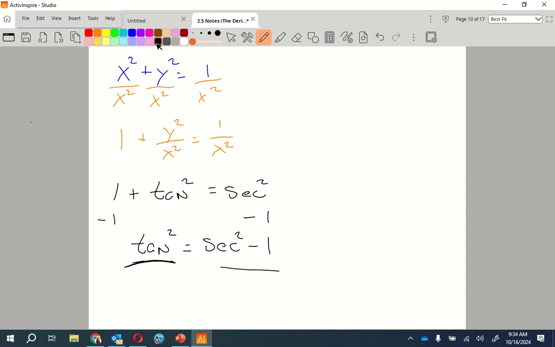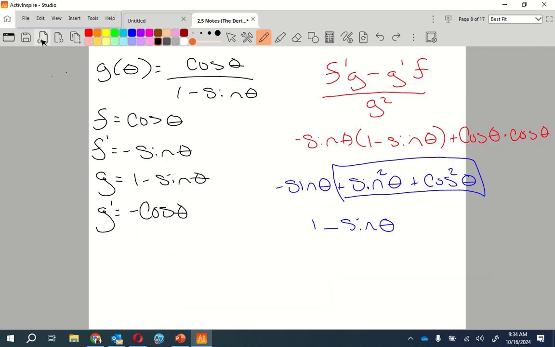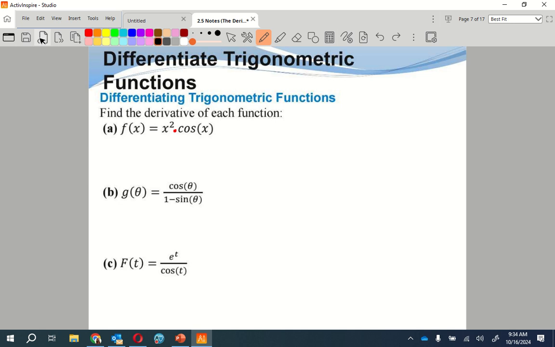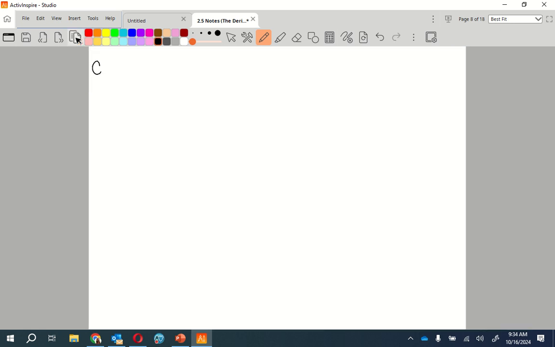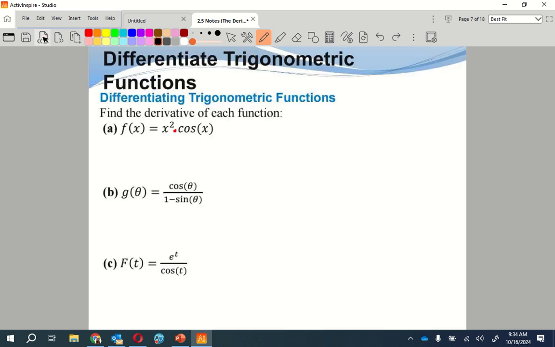Okay, alright, so I'm gonna go back and I think I still had to do part C, don't I? So, E of t divided by cosine t. Juju Bear, you ready? What type of problem is this asking for? Quotient. Very good, quotient. So E of t over cosine.